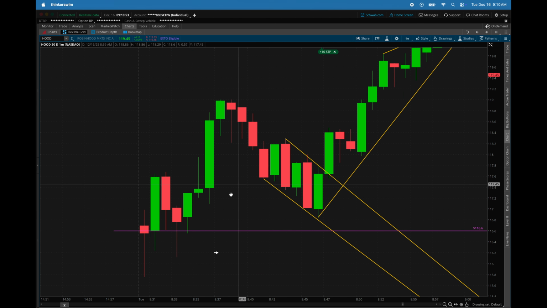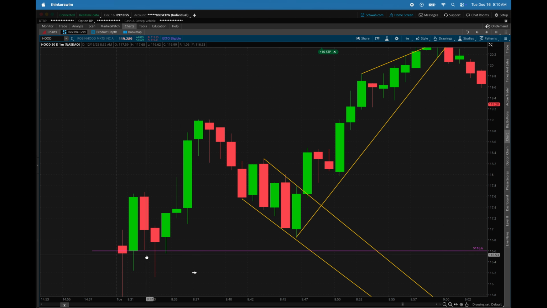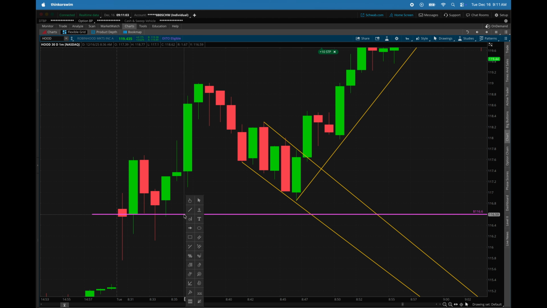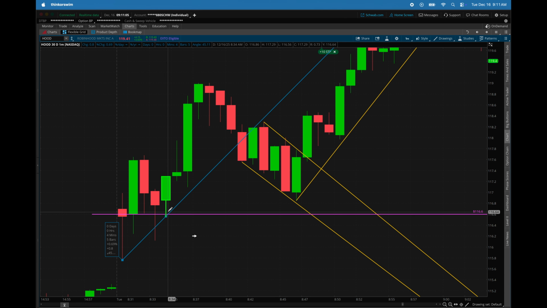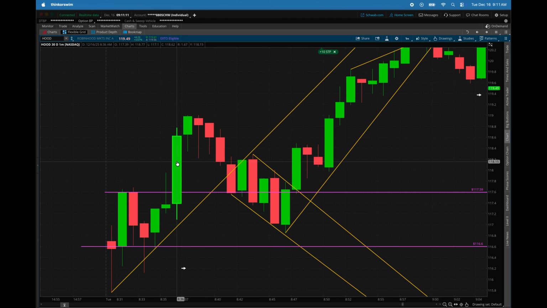for the whole move, I have this wedge here. It broke here.